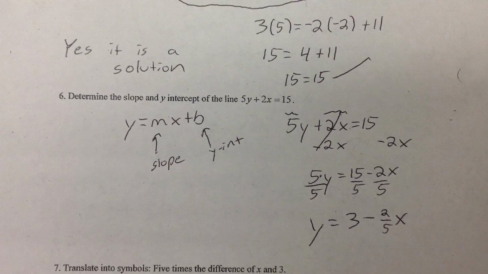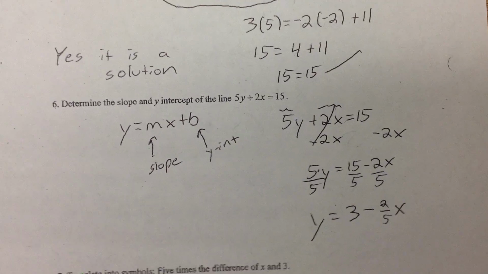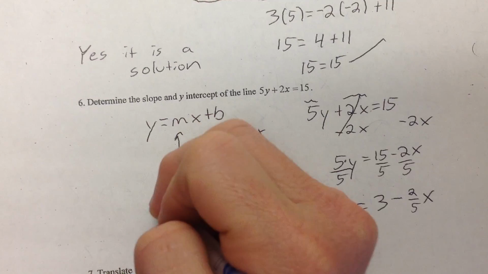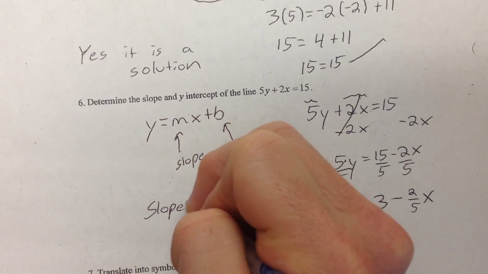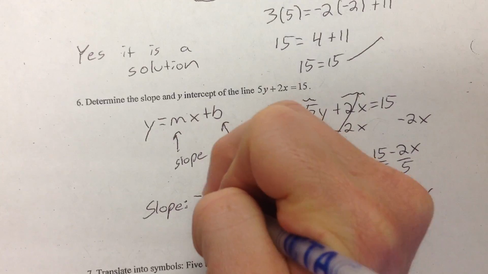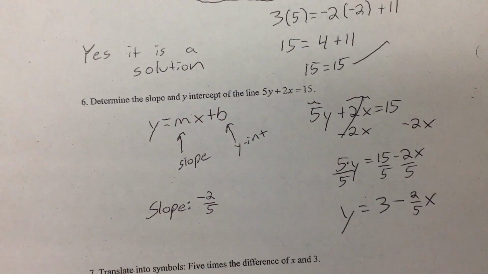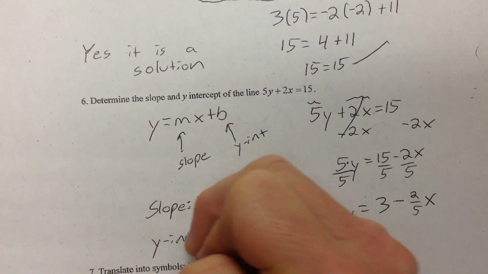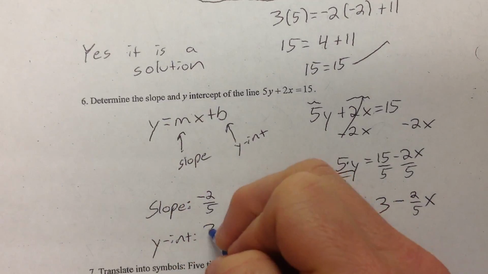So, based on what we were saying before, the slope is whichever one is next to the x, so our slope is going to be negative 2/5, and our y-intercept is whichever one is not next to the x, so in that case, this is our 3.